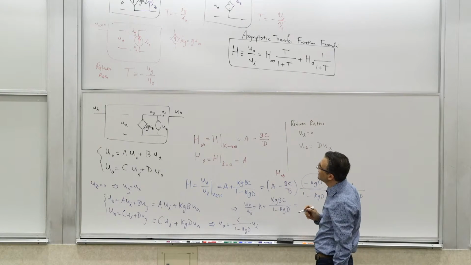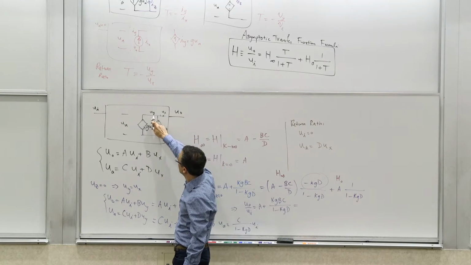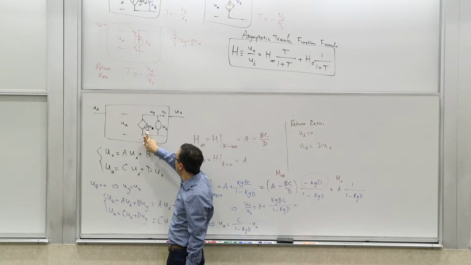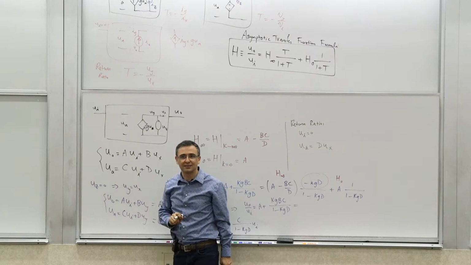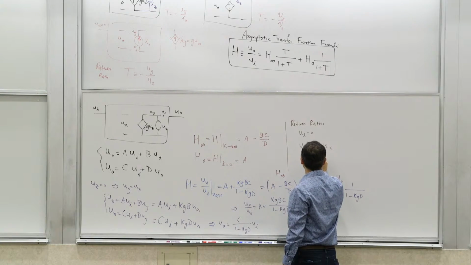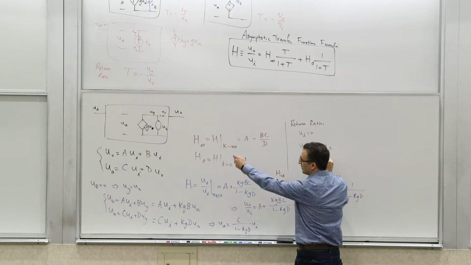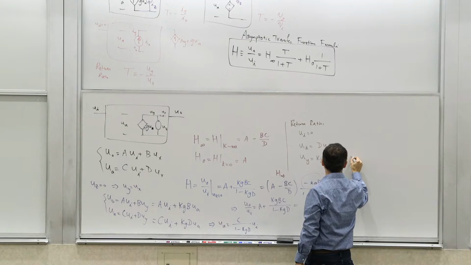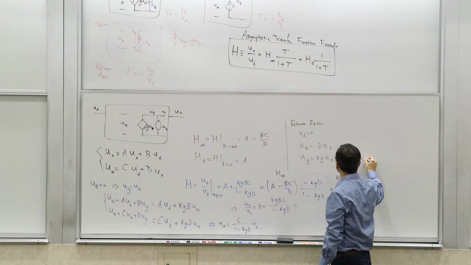But then, what is UY? If UA is DUX, UY is just KG times that. We know that UY is K times G times UA, which basically becomes KGDUX.